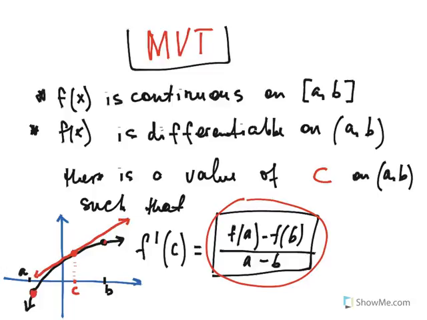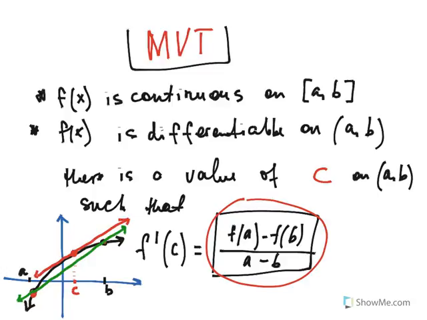The slope of this line, by the way, we call it the secant line. Let me draw that line. You can find the slope of this secant line by using the endpoints on your graph, and then you can say that the value of this slope is equivalent to the value of the derivative of my function at x equals c.